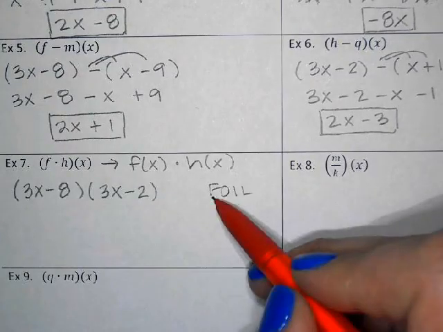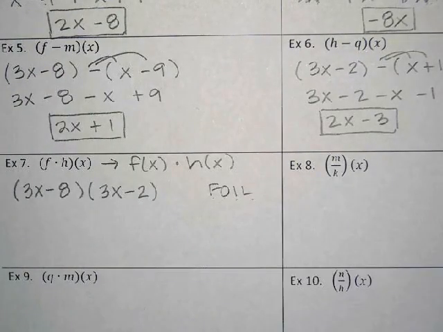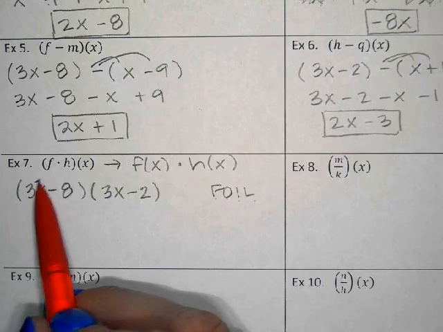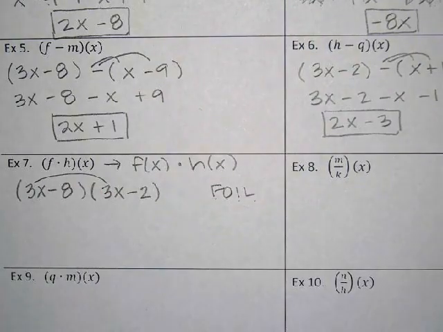So the first times the first is 3x times 3x is 9x squared. Perfect. 9x squared.